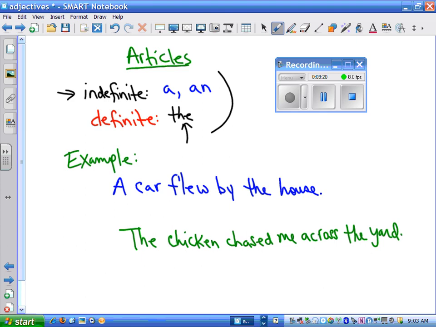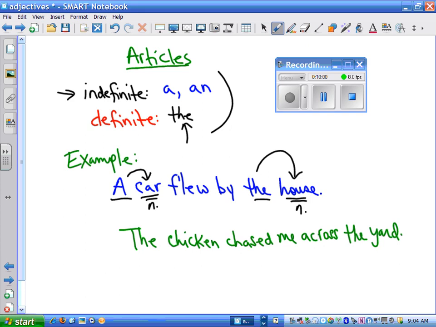In that sentence, we have 2 articles. A, which of course is our indefinite article, and the, which is a definite article. A, indefinite, the, definite. And both, of course, are working like adjectives that describe nouns. House is a noun. Car is a noun.